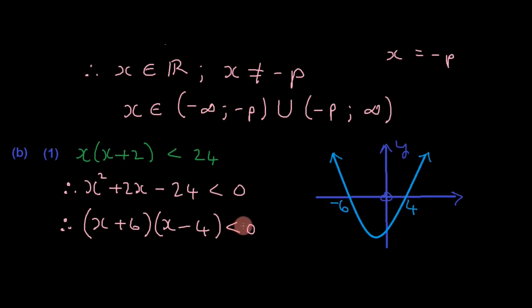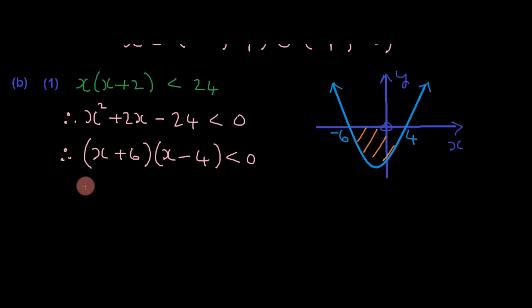We want the parabola to be strictly below the x-axis, or negative. And we can see that for this region, it dips below the x-axis. So then for all x's between negative 6 and 4, the parabola is below the x-axis. So now we can write down the answer. So x will be greater than negative 6, but less than 4.